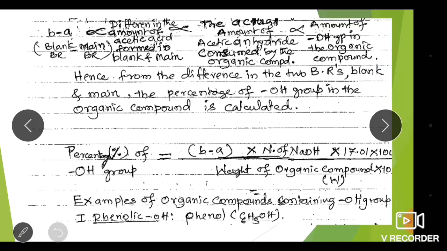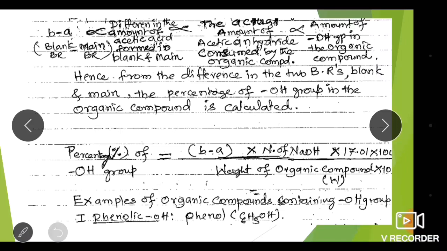So we can relate this: B minus A, blank burette reading minus main burette reading, is directly proportional to the difference in the amount of acetic acid formed in blank and main, which is directly proportional to the actual amount of acetic anhydride consumed by the organic compound, and which is directly proportional to the amount of OH group in the organic compound.